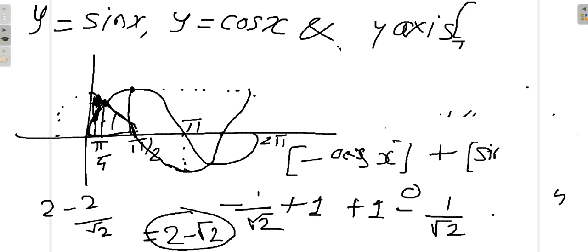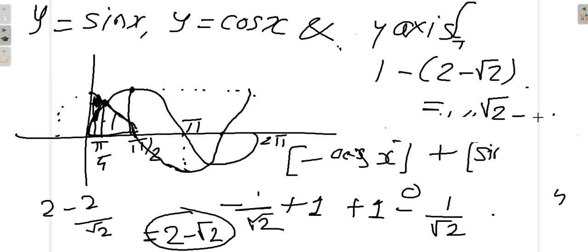So it will be 1 minus, and that will be root 2 minus 1. As simple as that.